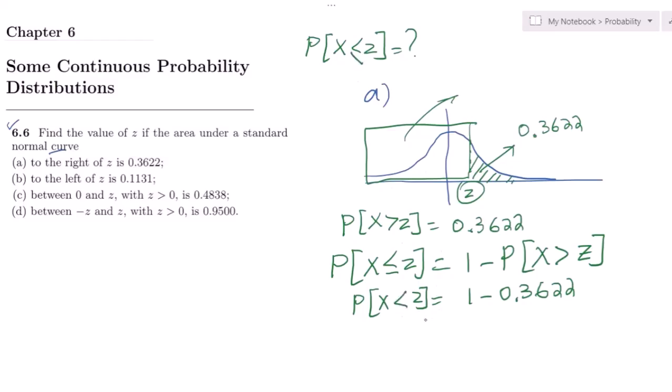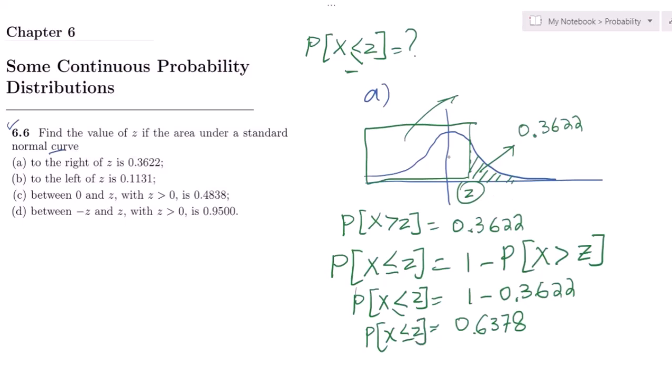This can be interpreted in both ways, because in the continuous probability distribution there is very small distinction between equal to and less than. Both of them can be included here. So let me subtract it from 1. Subtracting, we get 0.6378, the probability that x is less than or equal to z.